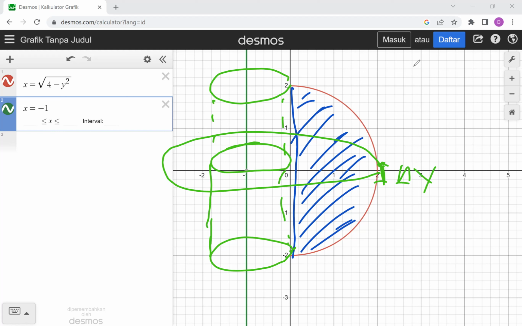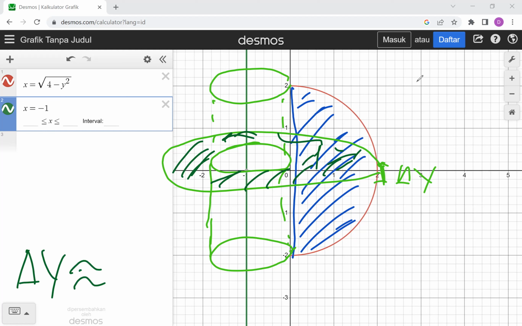If we want to approximate its volume, delta V is approximately delta y multiplied by the area of this one.